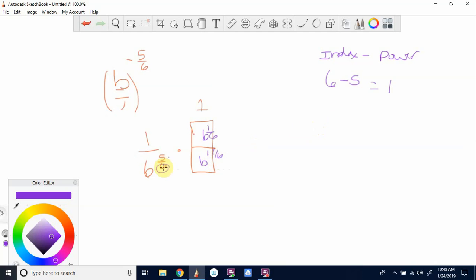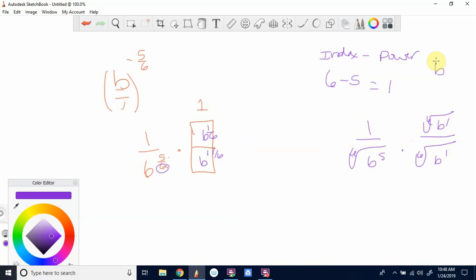All right? So 6 minus 5 is 1. Okay, because if it's in radical form, it would just be b to the first. But because we have an exponential form, we have to put the index. Because normally this would say 1 over the 6th root of b to the 5th, and we would multiply by the 6th root of b to the 1st. Right? Index minus power.